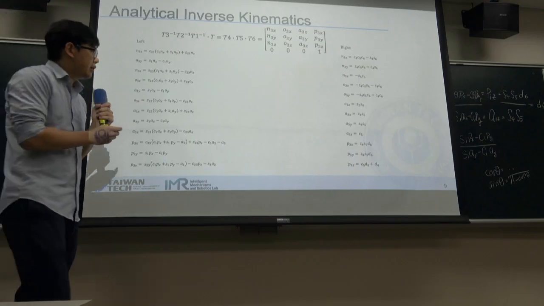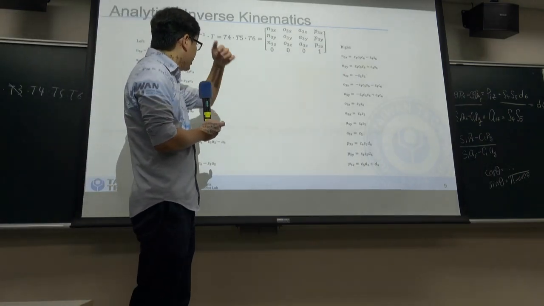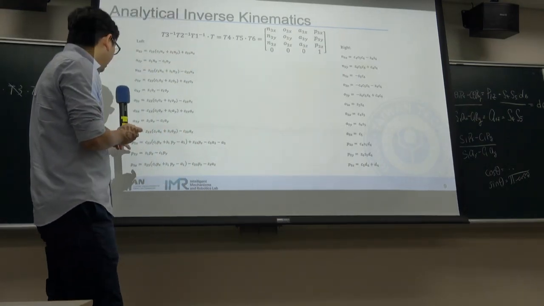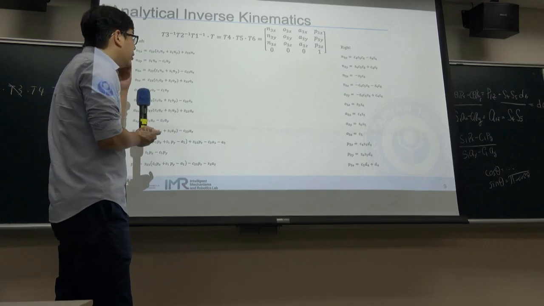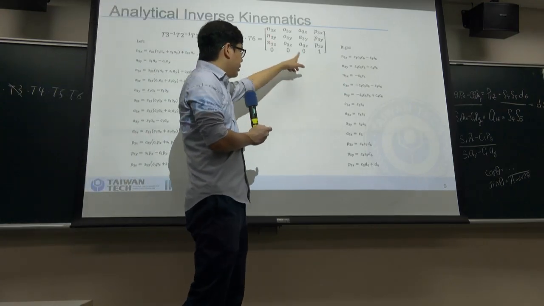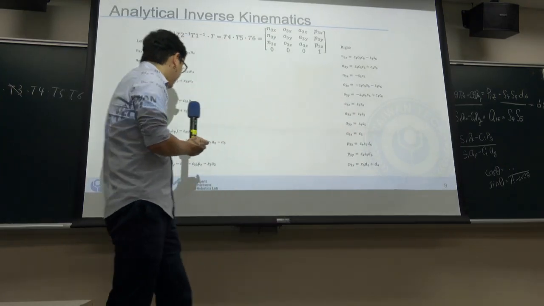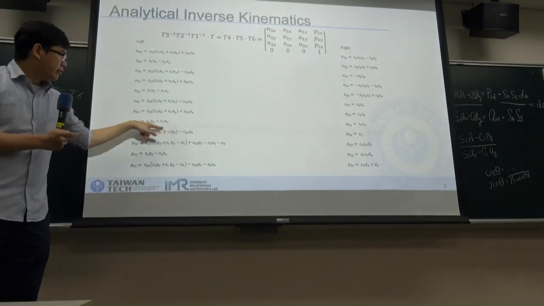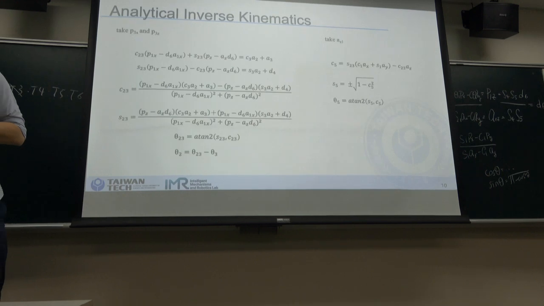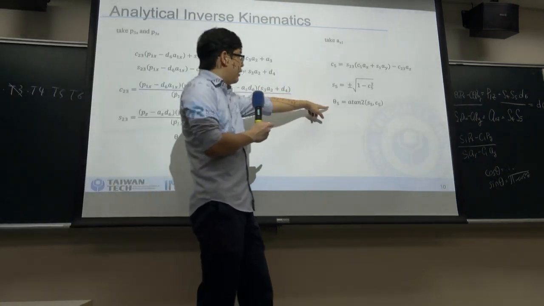I'm sorry for that, I think it should be A3Z. So it's cosine. Here is equal to cosine theta 5, and here are all known values. So we can get theta 5.